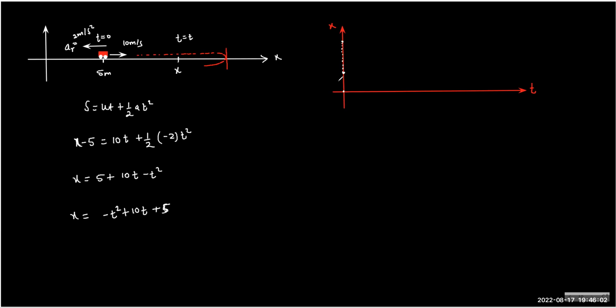But how will it look on a time axis? You are here at t0, but you are here at some other time. So it will look like this kind of graph, and you can clearly see that you cannot exceed this height or this x value.